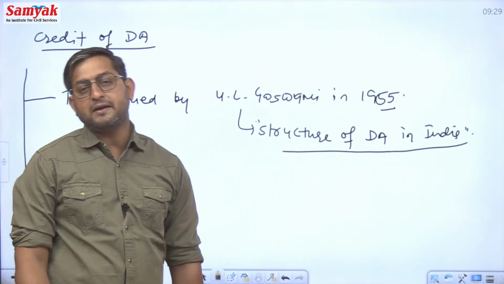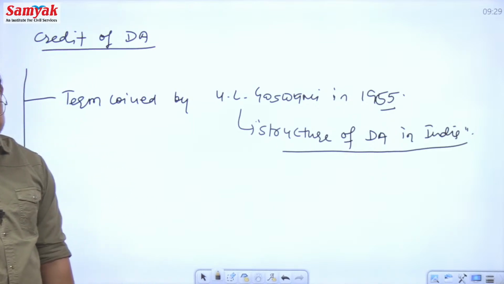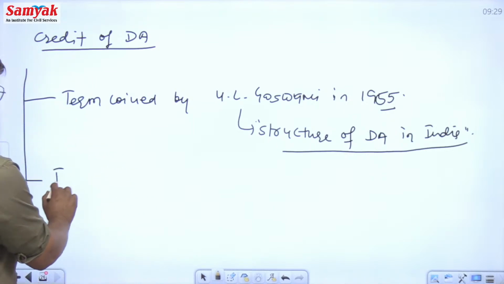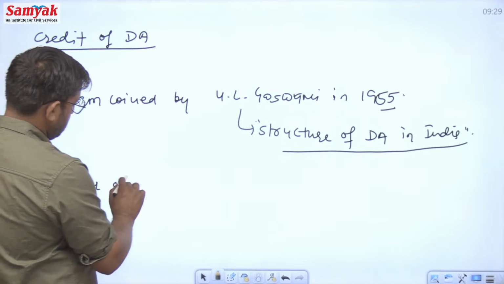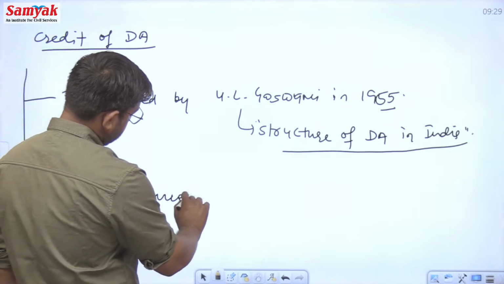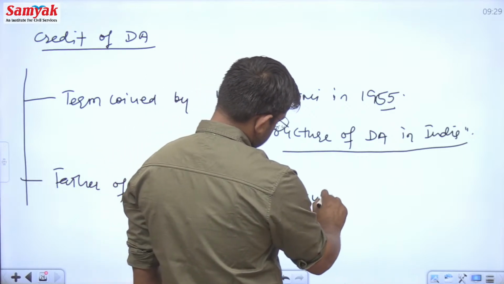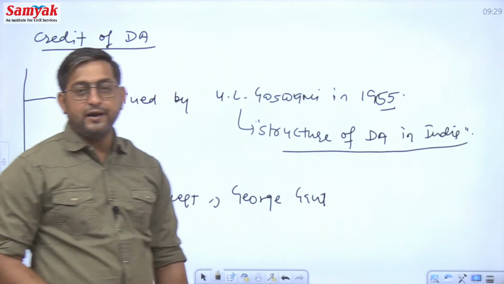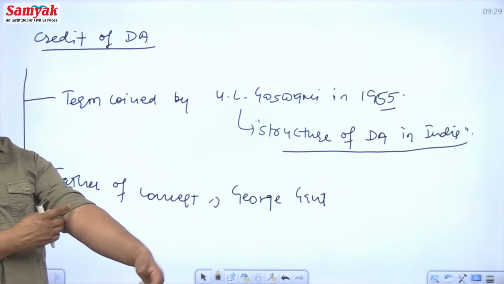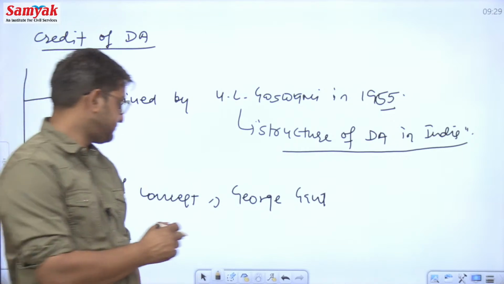But the father of the concept is considered the George Gant. Father of concept was the George Gant. George Gant wrote a book that is known as the Structure, Concept and Goals and Methods.